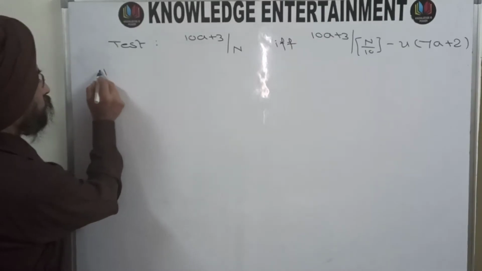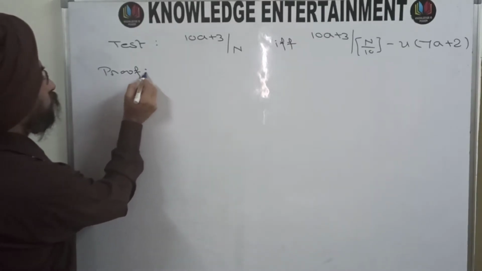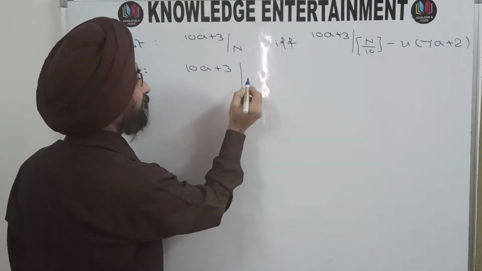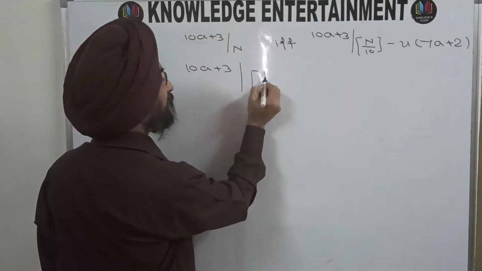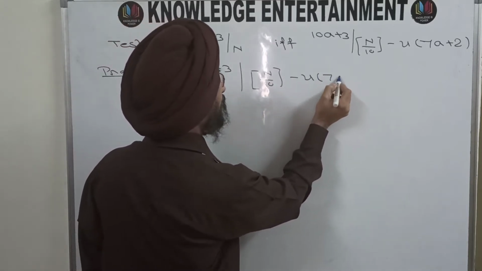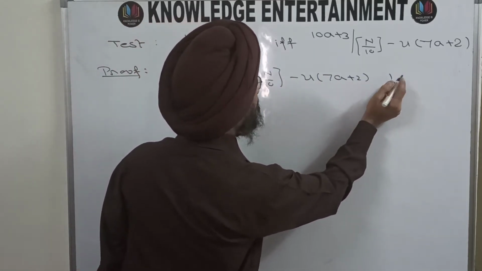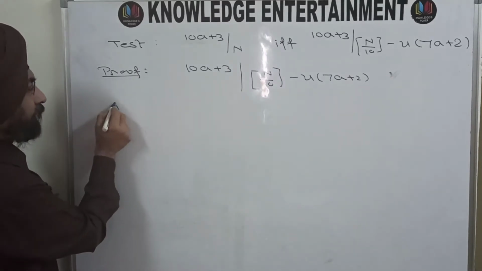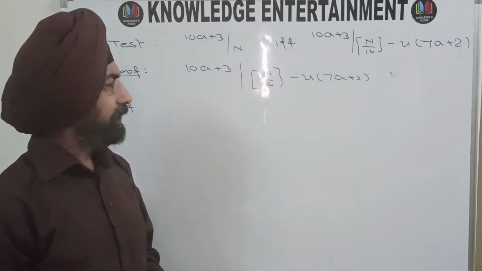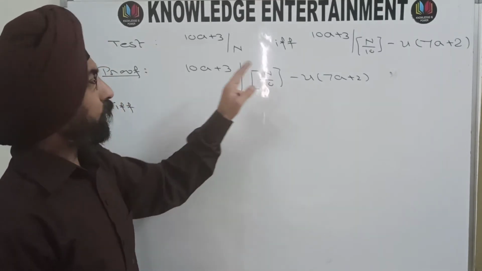Prove: 10a plus 3 divides the greatest integer function of n by 10 minus u times 7a plus 2 if and only if there exists some integer k such that this is equal to k times this.